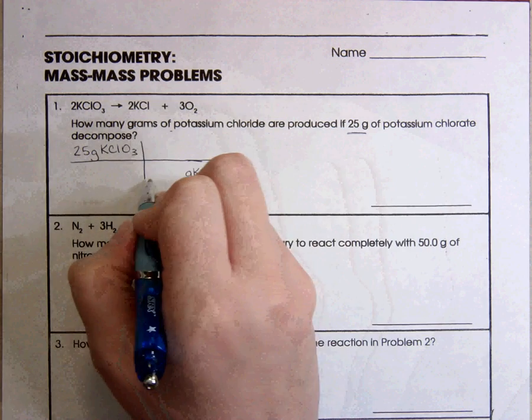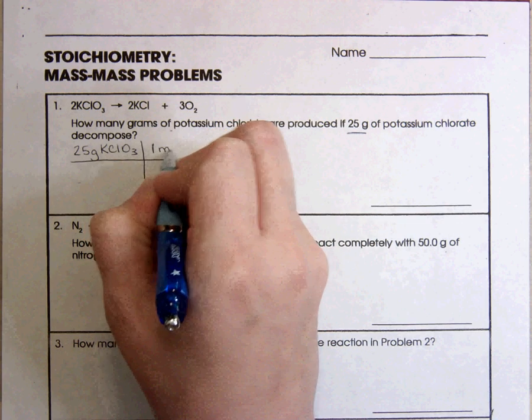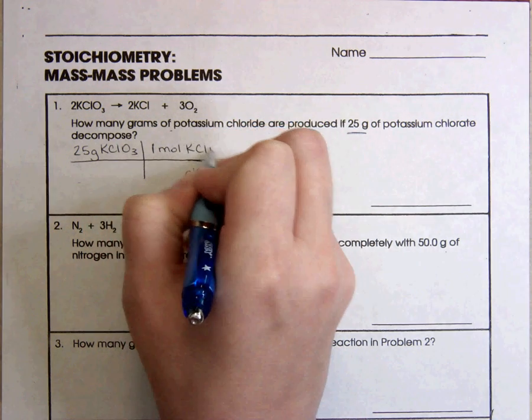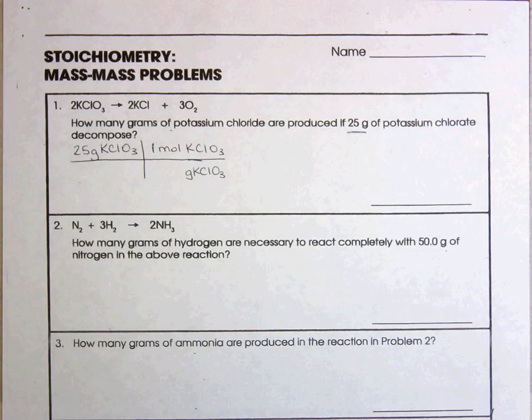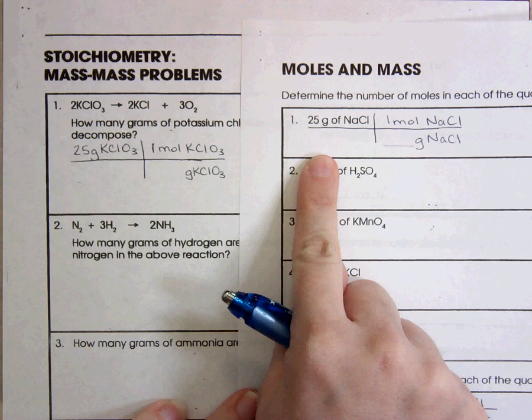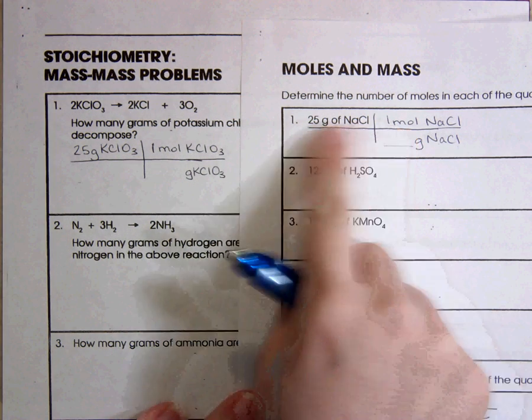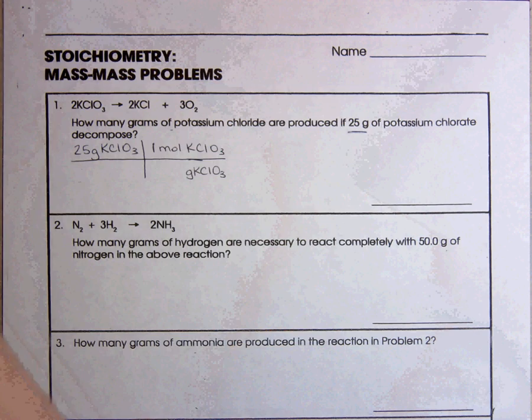And what I put here will be the number of grams that are in 1 mole of KClO3. Because remember, it's just like I did on these problems. I need to figure out how many grams are in a mole so that I know how many moles I'm starting with. How do I do that?